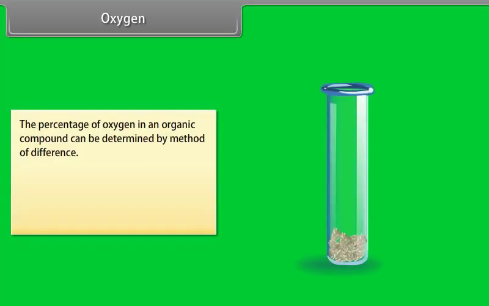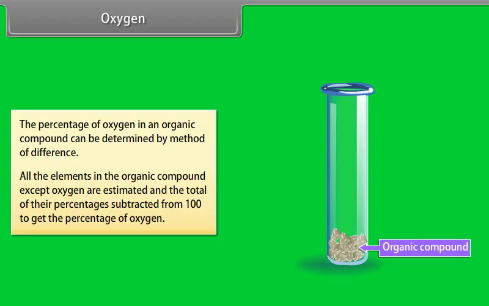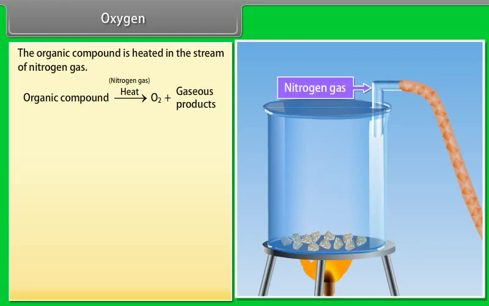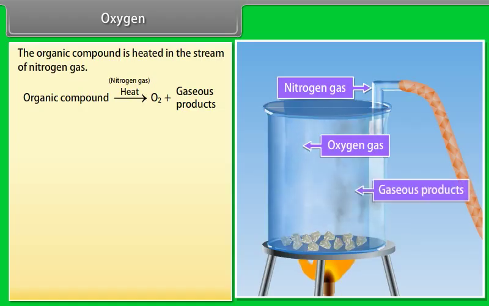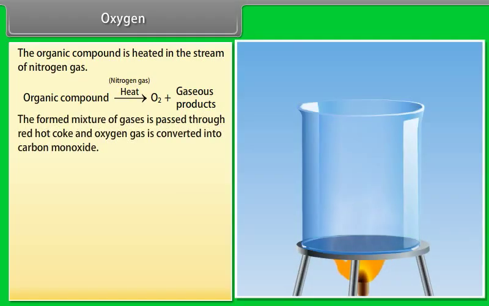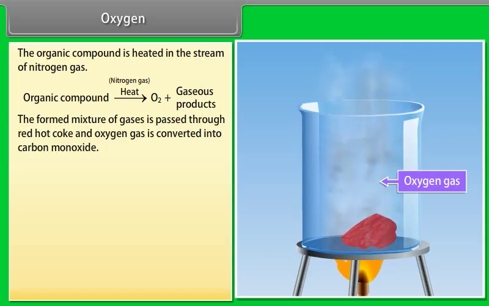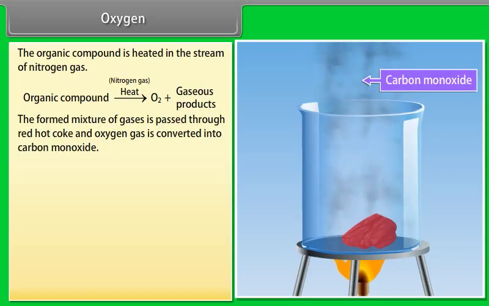Oxygen: the percentage of oxygen in an organic compound can be determined by the method of difference. All the elements in the organic compound except oxygen are estimated and the total of their percentages is subtracted from 100 to get the percentage of oxygen. The organic compound is heated in a stream of nitrogen gas. The formed mixture of gases is passed through red-hot coke and oxygen gas is converted into carbon monoxide.